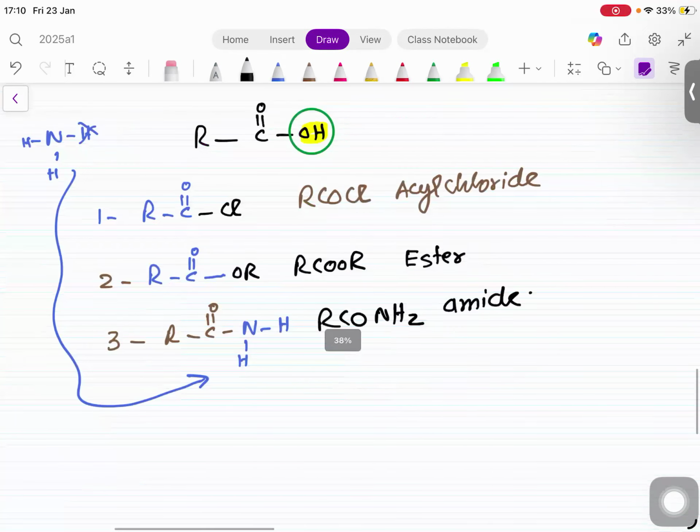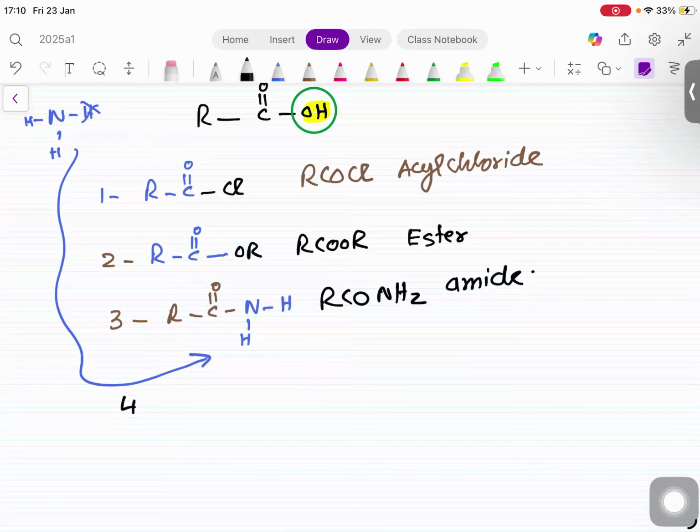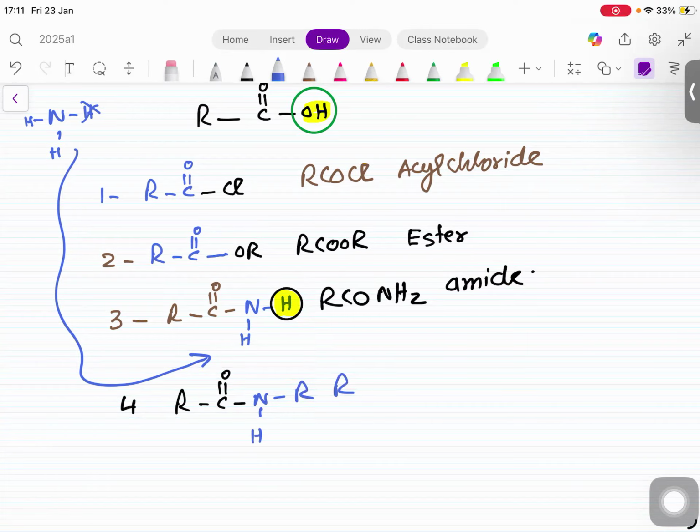This is also a derivative. And in number 4, I'm going to take this hydrogen off. It's an amide, but I'm going to replace one of the hydrogens of the amide on the nitrogen to make it RCONHR.